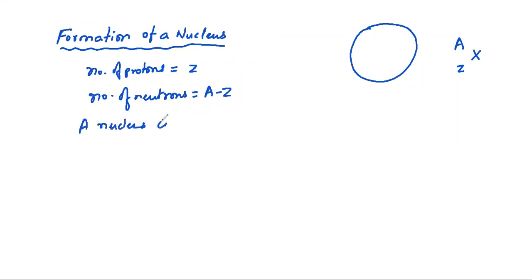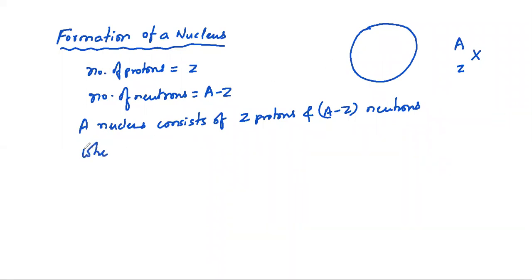A nucleus consists of Z protons and A minus Z neutrons. All right. So when this nucleus is formed, what happens?